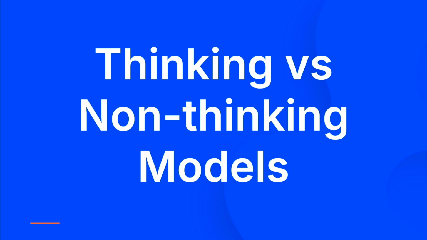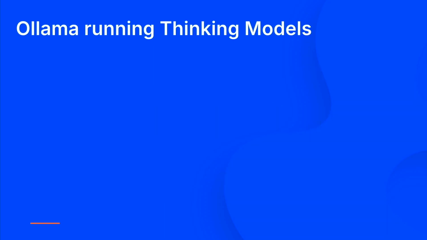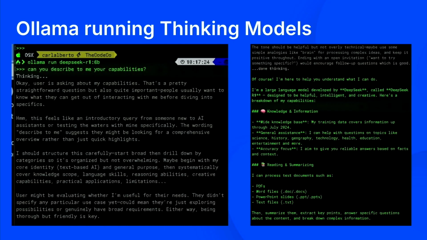There's also thinking versus non-thinking models. In Ollama, with the thinking models, when you type a prompt, it organizes its thoughts first before giving you the answer. You're going to see it trying to think first before throwing out the answers. Like, describe to me your capabilities.